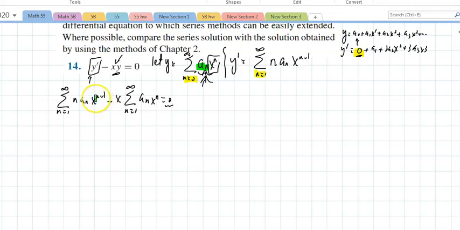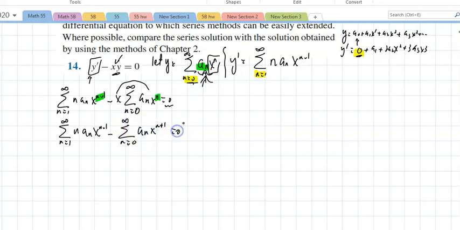I need this power and that power to match. So before I get excited and start manipulating things, let me write out the series as it is. When you distribute that x, that becomes the series n equals 0 to infinity, a sub n x to the n plus 1, and I want that to equal 0.